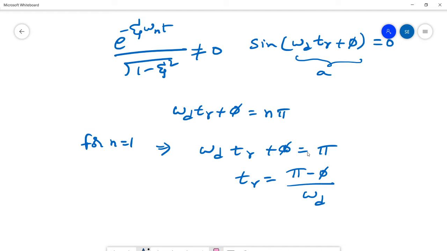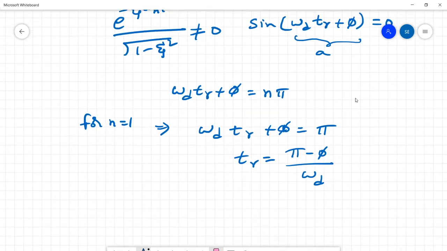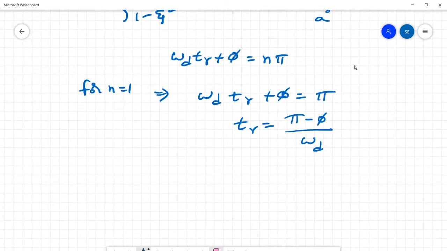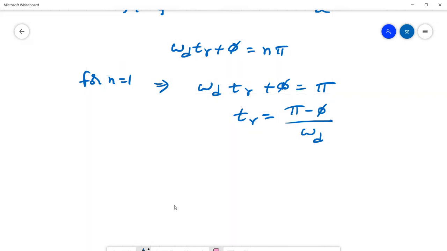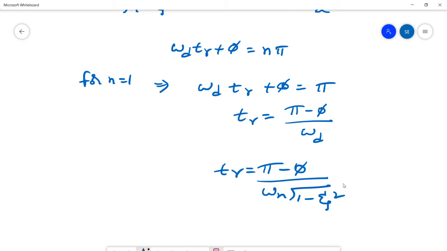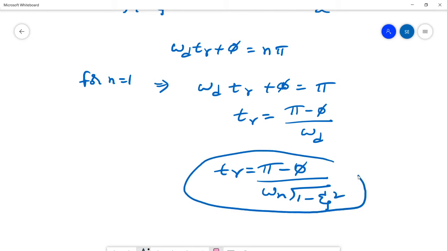If you observe the expression we derived for the damped frequency omega d in the previous class, if you remember, TR is equal to pi minus phi divided by omega n root of 1 minus zeta square. So this is the expression for rise time.